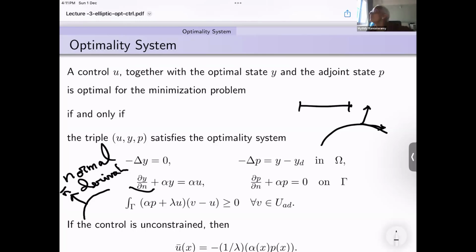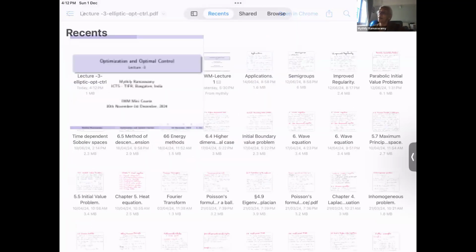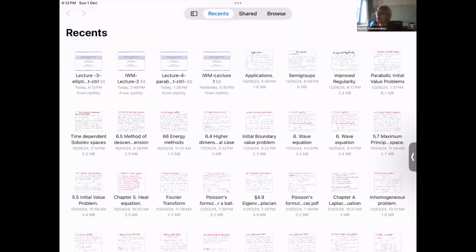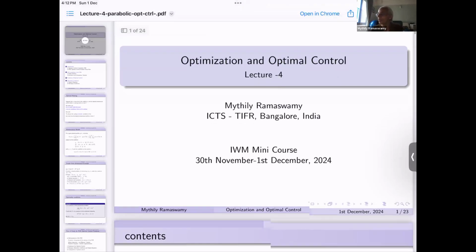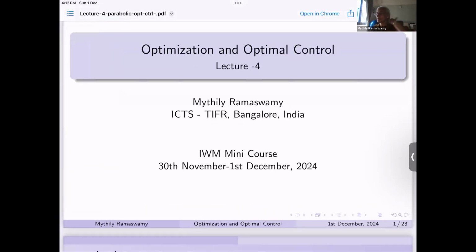Okay, so then we quickly move on to the last one, which is parabolic. It's more technical, so I may not finish everything, but I'll just indicate how the treatment runs parallel. That is enough to understand the idea.